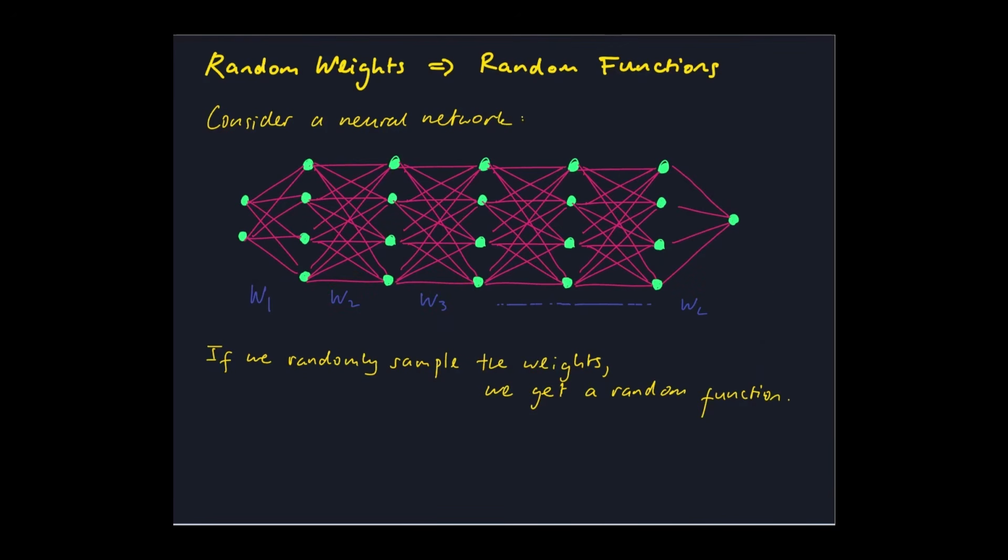We can sample the weight matrices randomly, and the neural network gives me a function. I write that function down, then I resample the weight matrices and get a new random function, and I write that down. I keep sampling the weight matrices over and over, and it gives me a distribution over functions. I can ask, what is that distribution? What properties does it have?